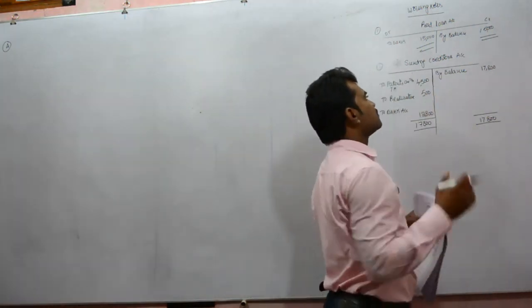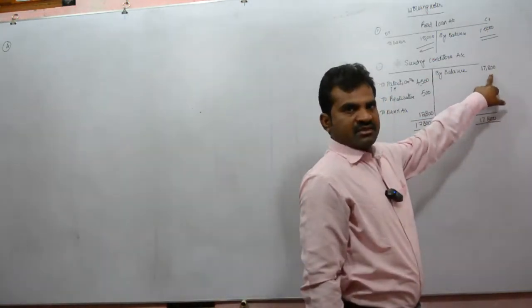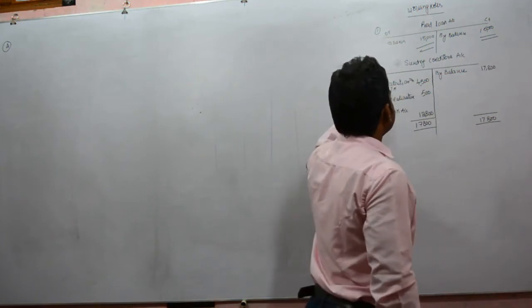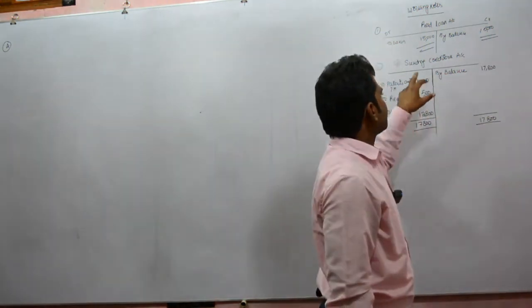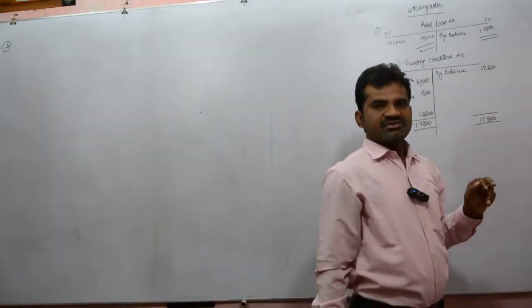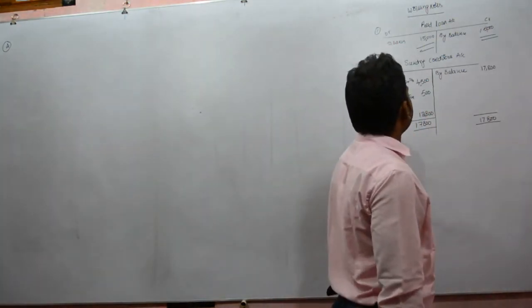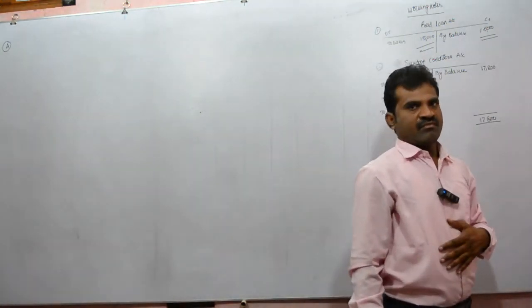This is note 2, very important. The balance is 17,800. For this balance we have given one trademark for an amount of 4,500. We have received 500 rupees discount and finally we settle their account at 12,800 rupees.